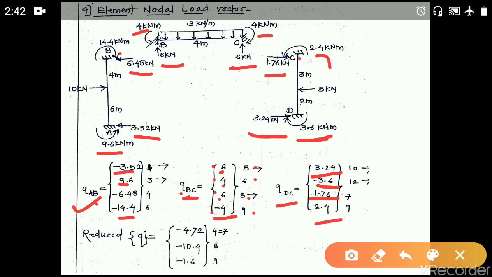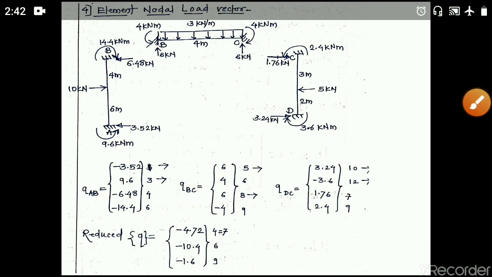This step is very simple: for the element nodal load vector, simply follow the sequence. Whatever element you choose, for the first node maintain the sequence reaction and moment, and then for the second node reaction and moment. This way you will complete all the element nodal load vectors.